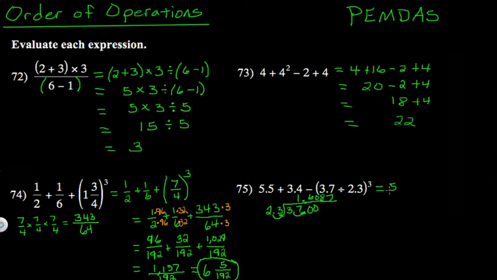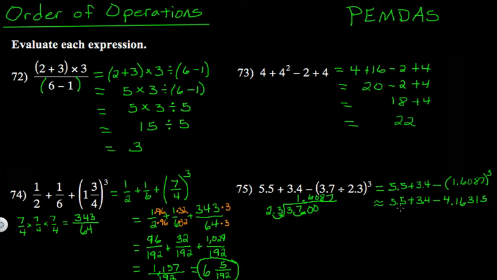This is going to be 5.5 plus 3.4 minus 1.6087 raised to the third power. Again, I'm rounding here, so I'm going to use the approximation sign. So this becomes 5.5 plus 3.4 minus, and this number to the third power is approximately 4.16315. All right, that's rounded to 5 decimal places.